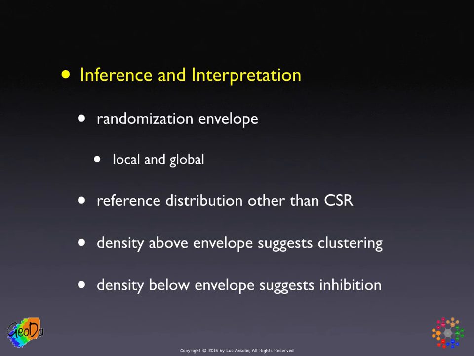One of the innovations in this approach, and this is particularly relevant in the kinds of studies to which it's been applied, is that the reference distribution is not necessarily complete spatial randomness. For example, in the case of the manufacturing in the UK, the argument is, well, the UK is not an isotropic plane. There are zoning regulations and other constraints on the space in which it would be possible to locate a manufacturing plant. And so those locations are taken as the reference distribution.